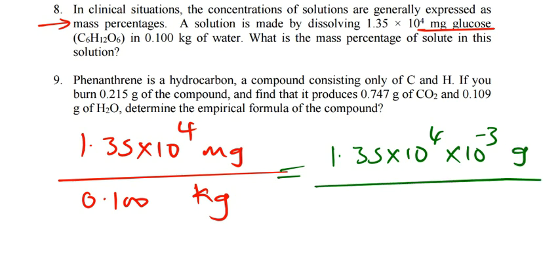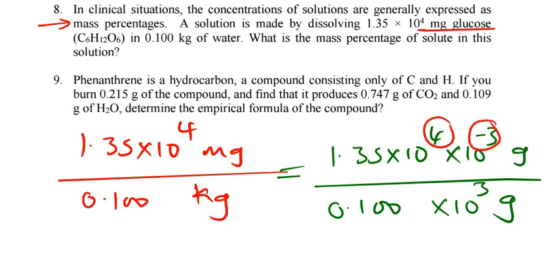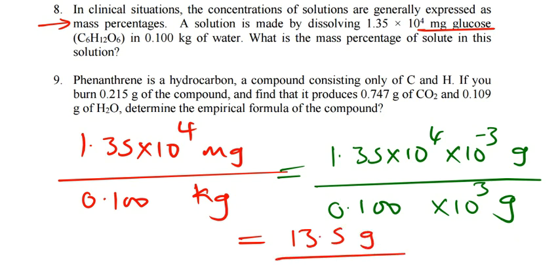On the bottom, 0.100 kilogram is times 10^3, so we have grams now. 4 plus negative 3 gives us 1, which ends up being 1.35 × 10^1, so 13.5 grams over, moving the decimal point 3 times, 100 grams on the bottom.